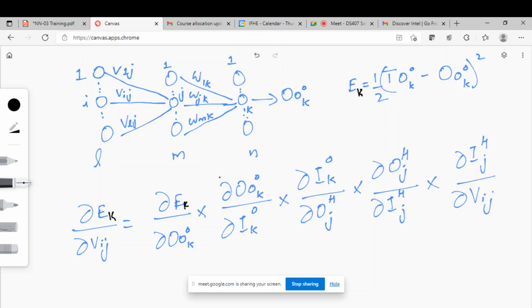This error depends on the output, so we take the derivative of the error with respect to OKO, the observed output of the kth neuron of the output layer.